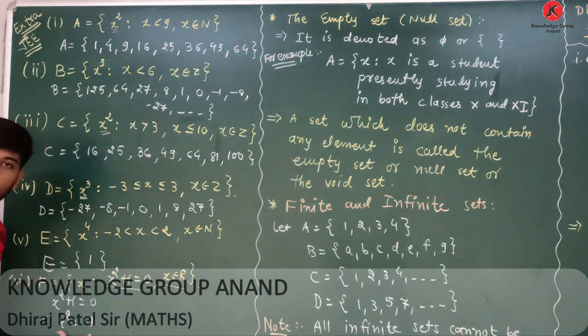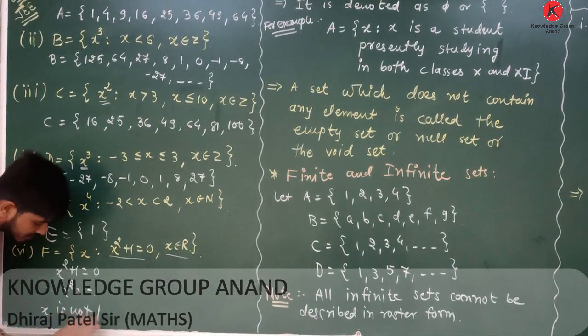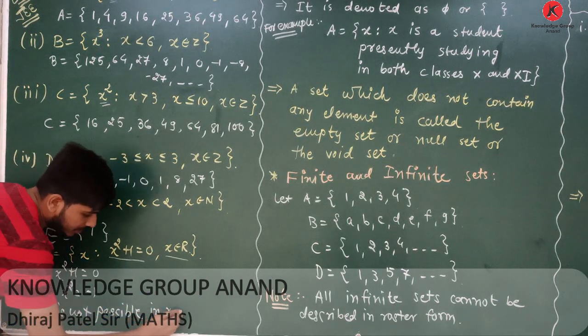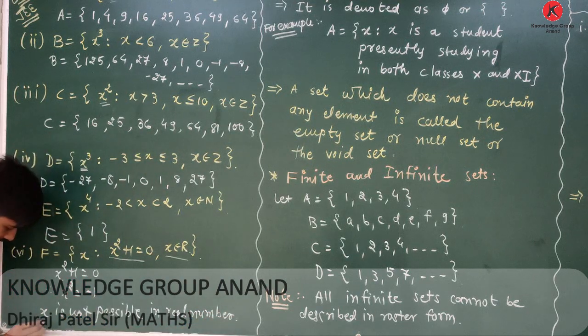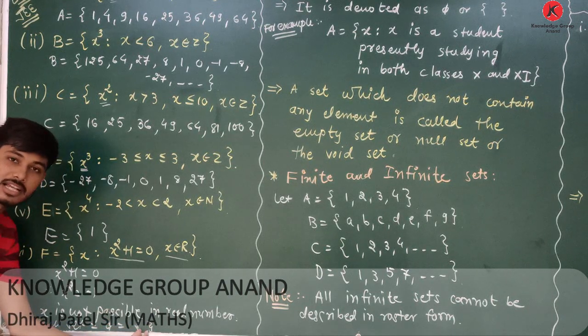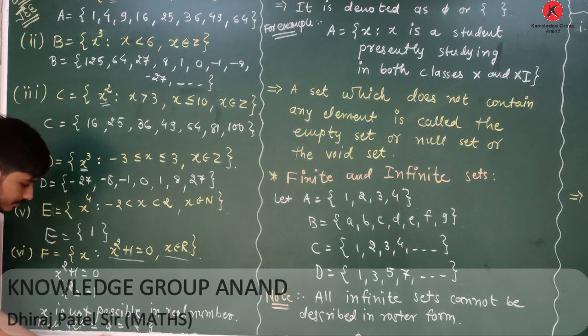Therefore, we can't get any real number satisfying this condition. So the value of x is not possible in real numbers. Therefore it is the null set or empty set, or we can say that there is no element in the set, or it is denoted as phi.